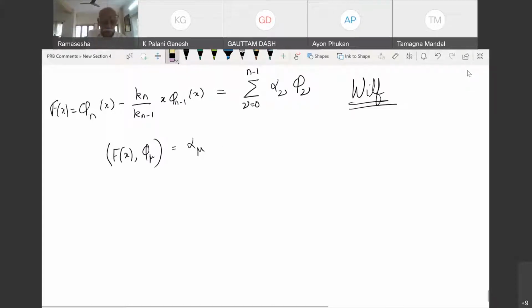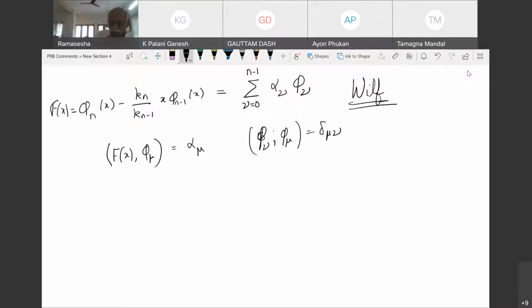Take the inner product of this with respect to p_mu, and use the result that the inner product of p_nu with p_mu is delta_{nu mu}, so that I only get alpha_mu. So what you will see is that because this function p_n is orthogonal to all polynomials of degree less than n, what we will get is the following.